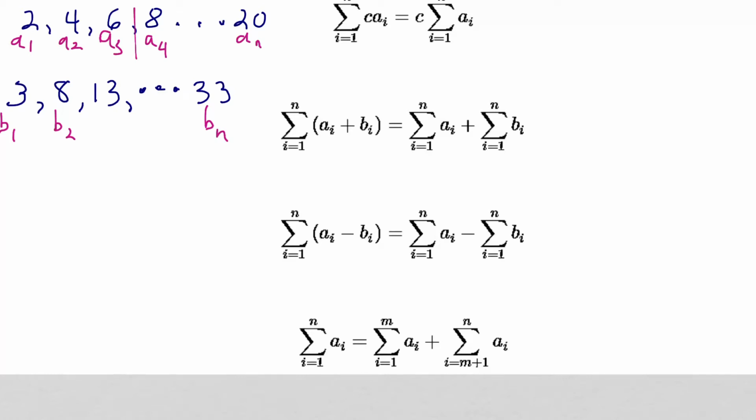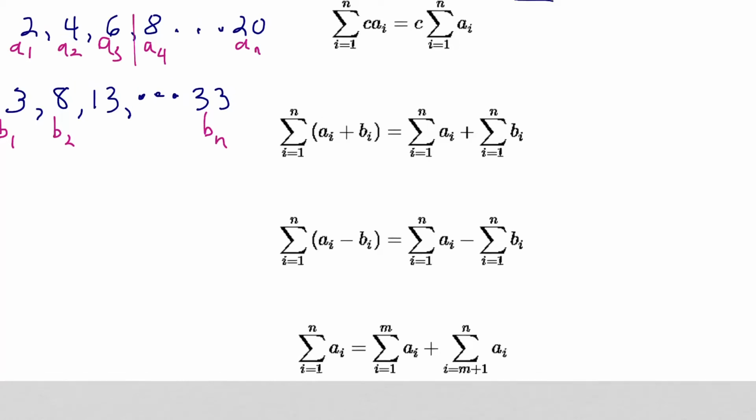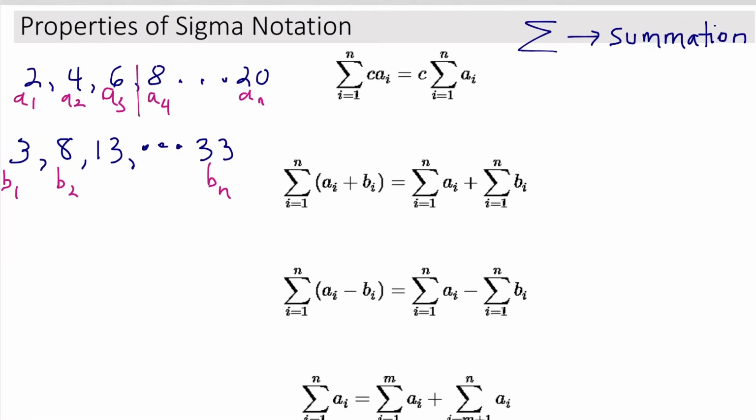What this property is saying is that the sum of the entire list can be broken up into the sum from 1 to 3, like we did here, plus the sum from 4 to n. That would be this piece here. That also makes intuitive sense. So you could break a list up into two parts and add those two parts together, and you'll get the sum of the entire string of numbers. Okay, so those are properties of sigma notation.